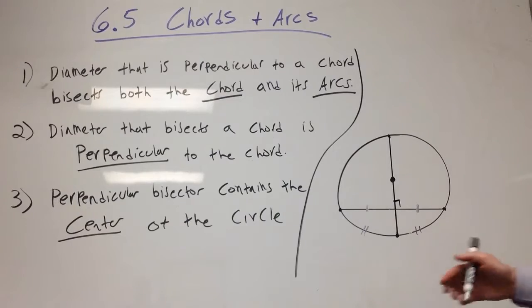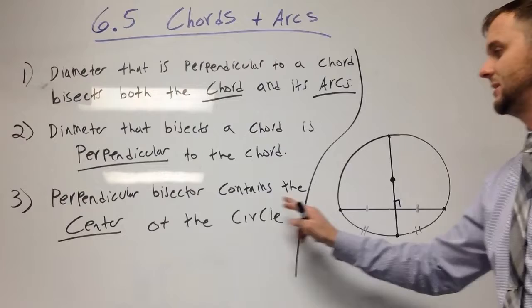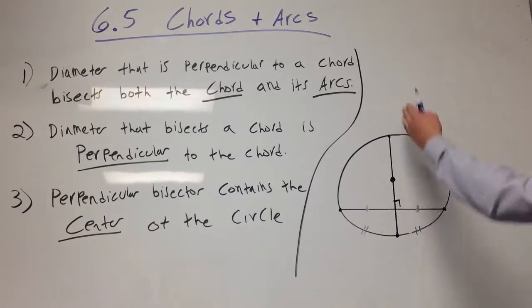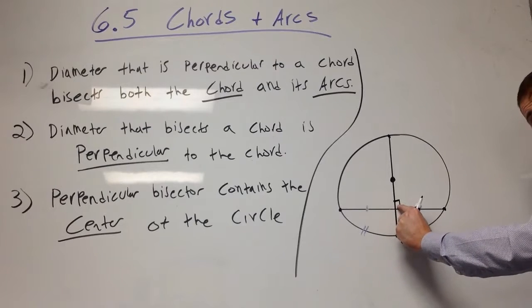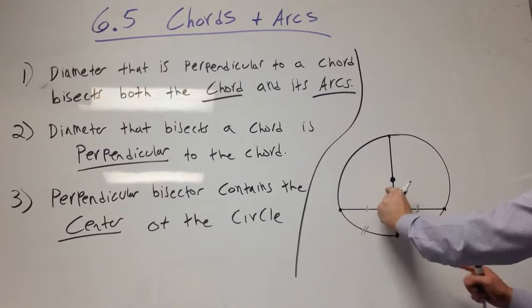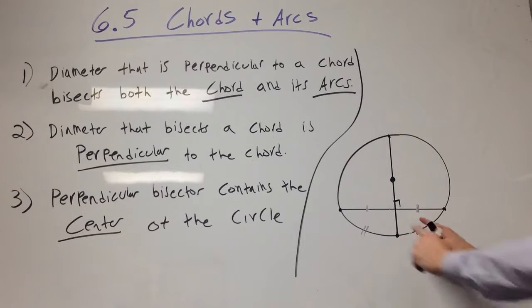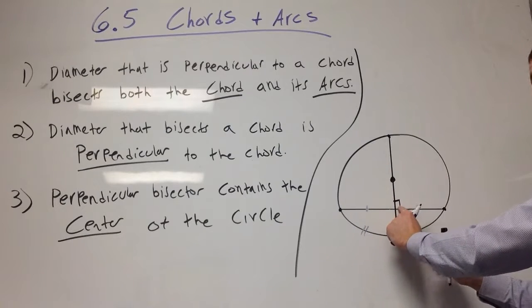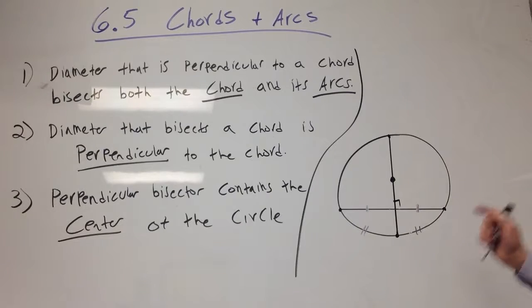And then lastly, if you have a perpendicular bisector, meaning perpendicular, 90-degree angle, and it bisects the chord, then it has to contain the center of the circle.